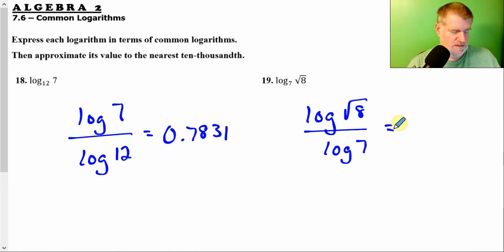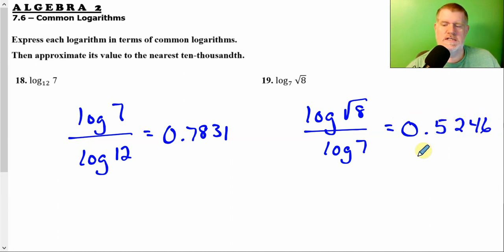Let's see, log of the square root of 8. Oops. Okay, divided by log of 7. Five, 2, 4, 6. All right, change of base formula.